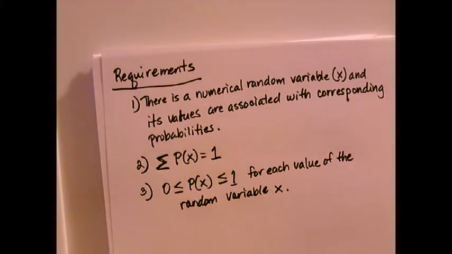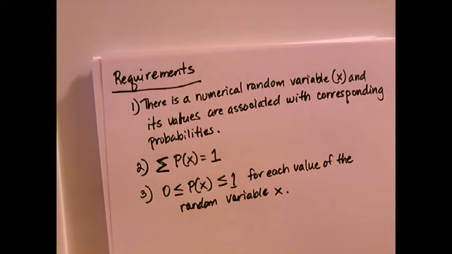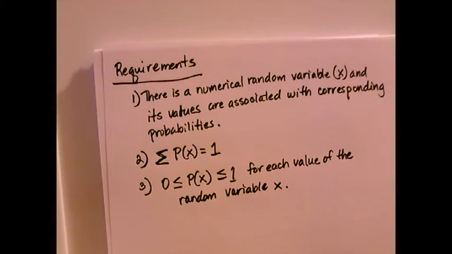So for each value of the random variable x, each individual probability value must be a value between 0 and 1, and that does include 0 and 1. So for you to have a probability distribution, it must meet all three requirements. Otherwise, you do not have a probability distribution.